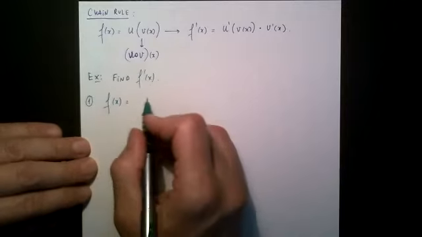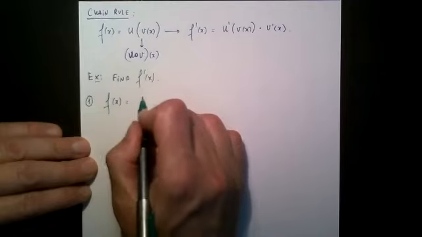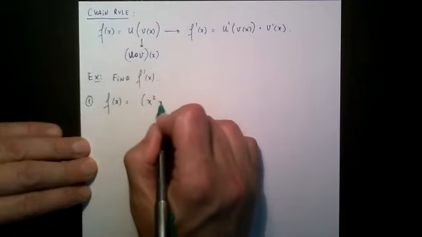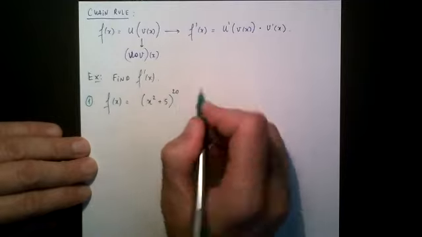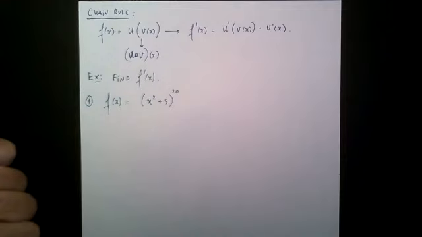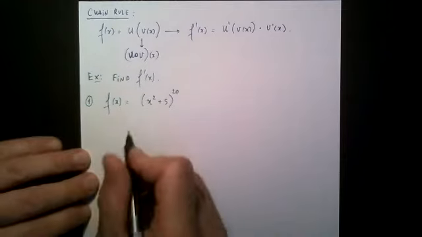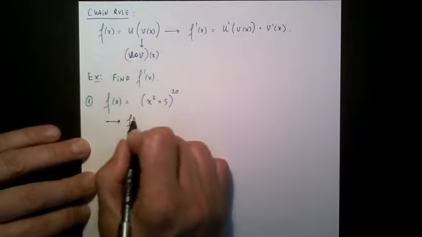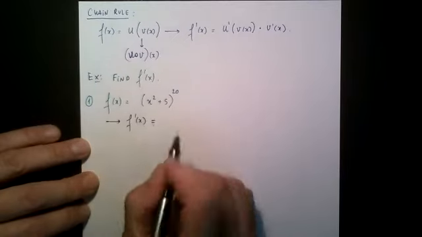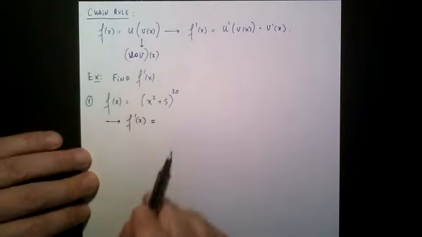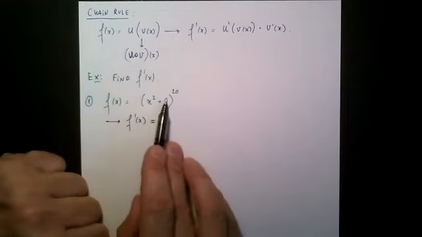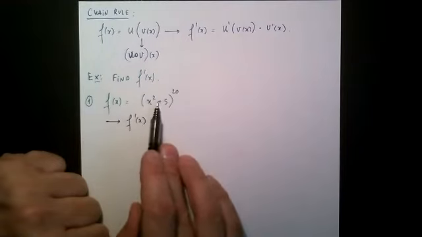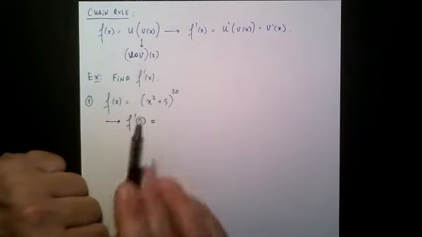Let's say f of x is equal to x squared plus 5, to the power of 20. So what's f prime here? Look at this. We have the function x squared plus 5, and that function is to the power of 20.